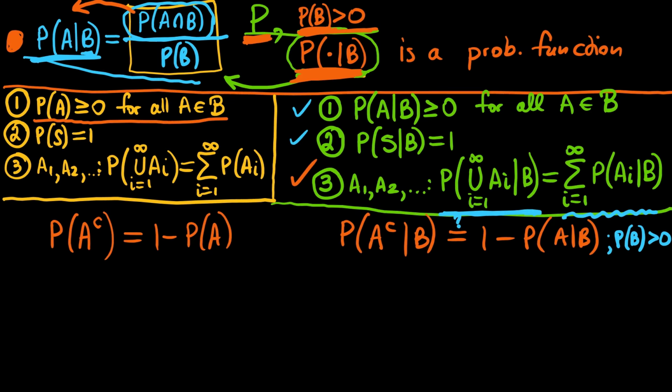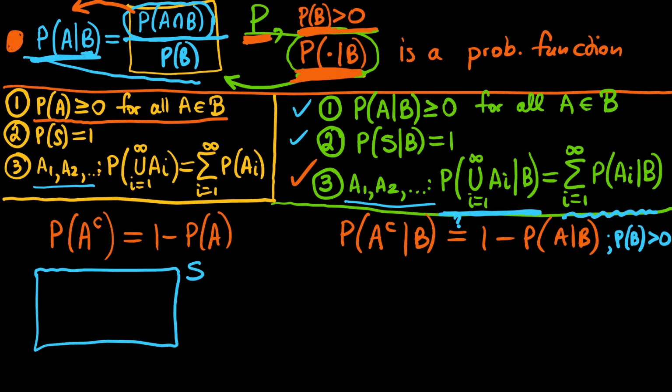The axioms here, this axiom 3, right, the meaty one, only applies when the sets, these Ai sets, are pairwise disjoint. Right? No two of them have any elements in common. So let's draw a sample space, and set A represents all the points inside.